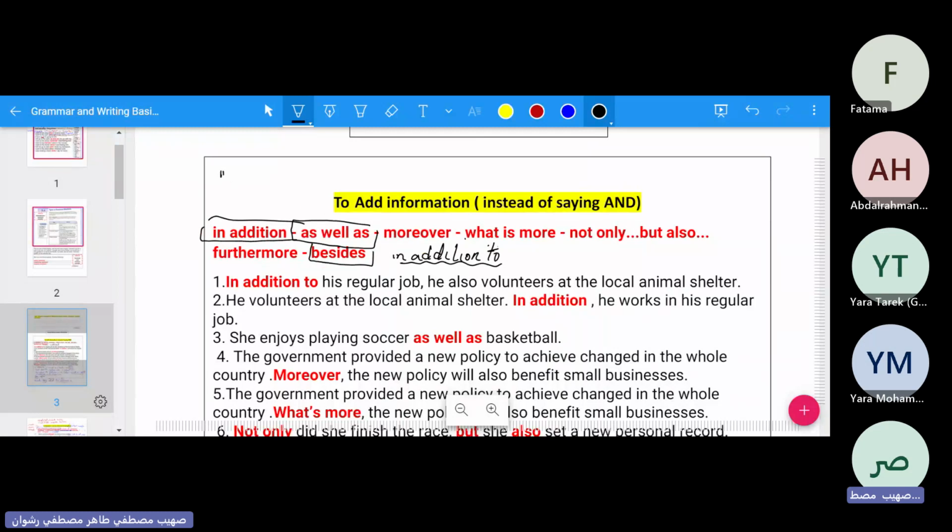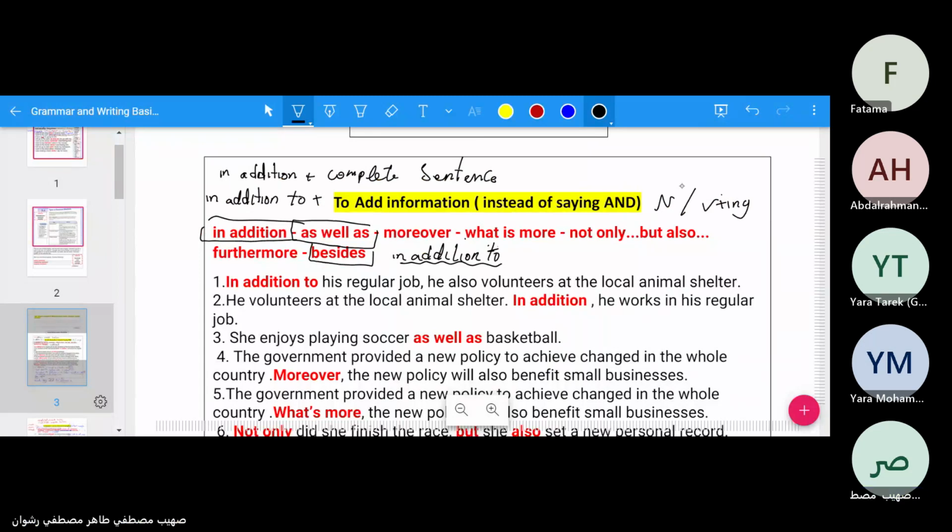What is the difference? In addition is followed by a complete sentence, regularly, as "and" plus a complete sentence. But in addition to is followed by what? A noun or a verb and ing.